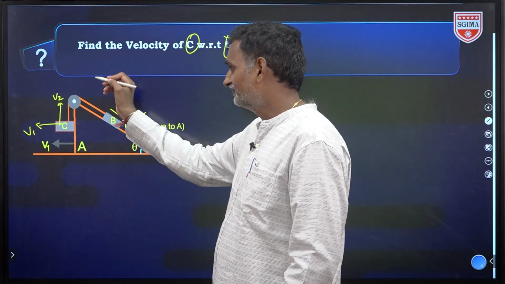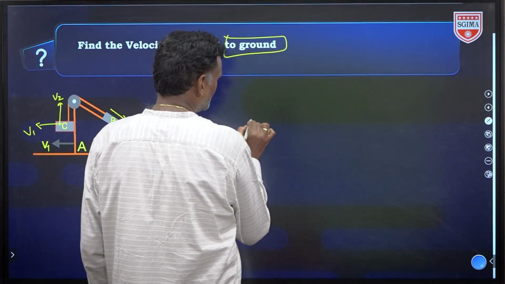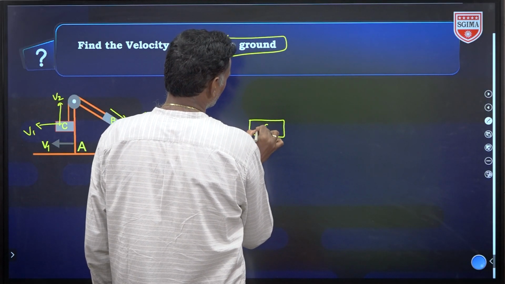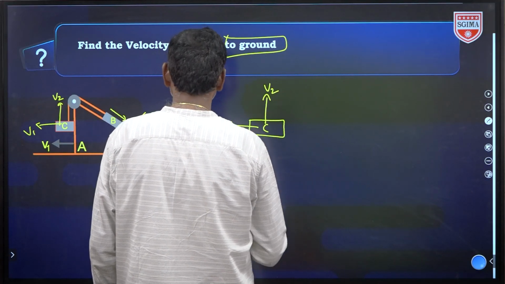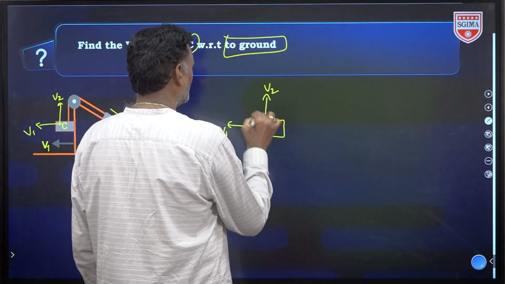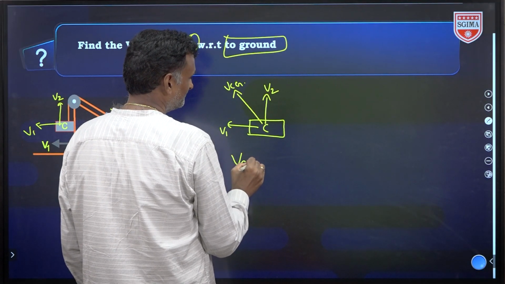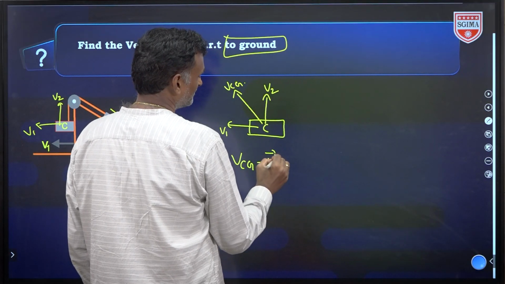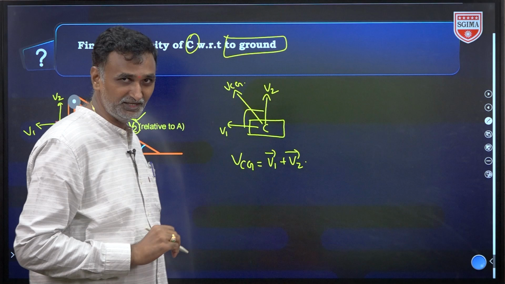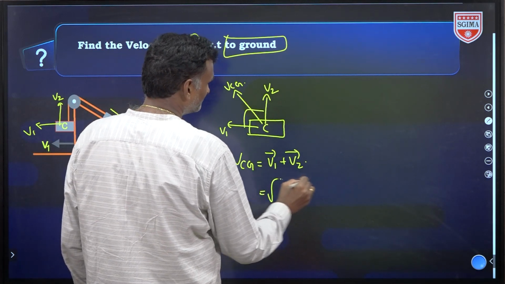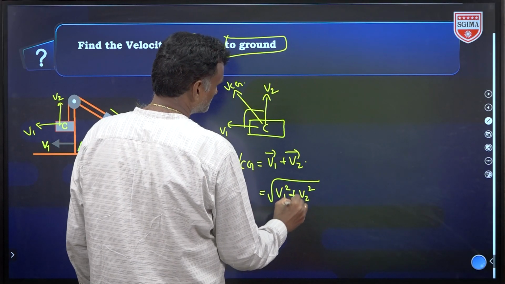V1 and V2 act on C as shown in the direction. This has velocity V1 because of A, and this has velocity V2 because of B, and the net velocity of C is with respect to ground. So VC with respect to ground must be the V1 vector plus the V2 vector. Since the angle between them is 90 degrees, the magnitude is the square root of V1 square plus V2 square.